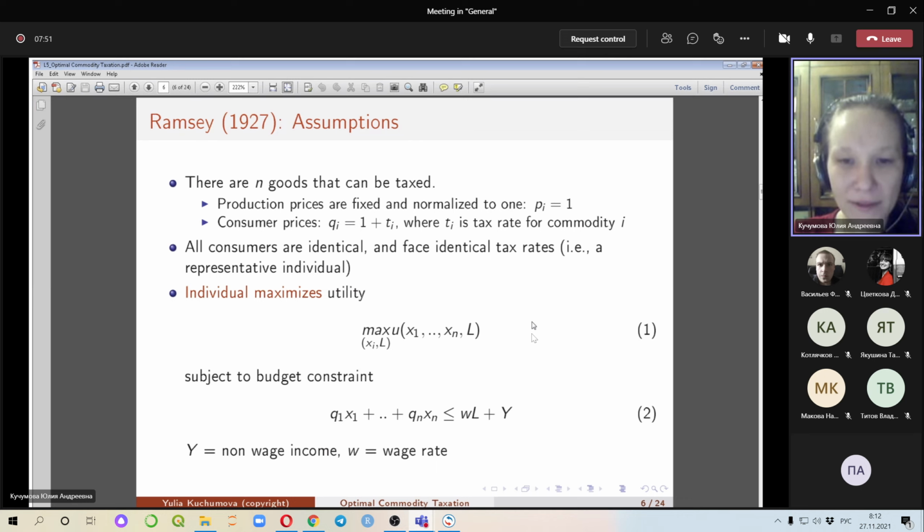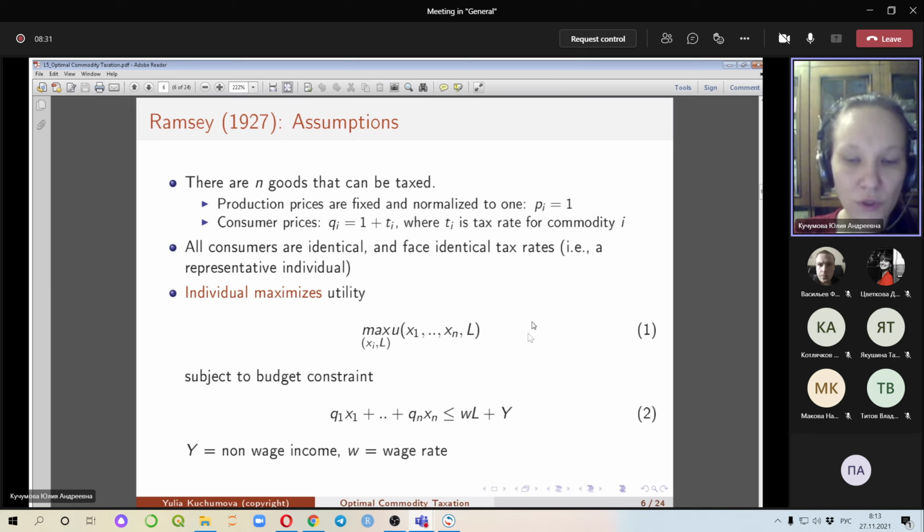As you will now see, L comes from the budget constraint. Let me read it. The budget constraint is q1 x1 plus q2 x2 plus and so on, plus qn xn, less than or equal to wL plus y. w is the wage rate, L is labor, and you can see this from the budget constraint, because from the utility it's not clear.